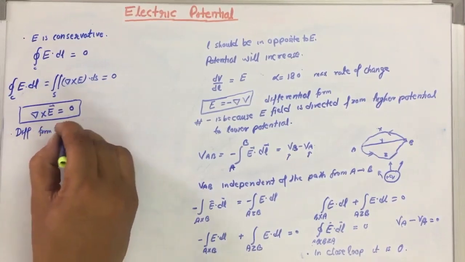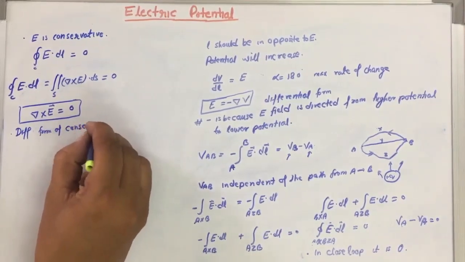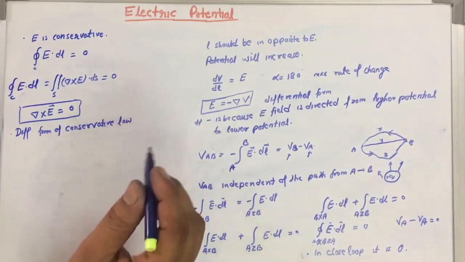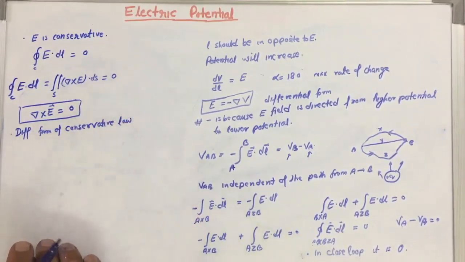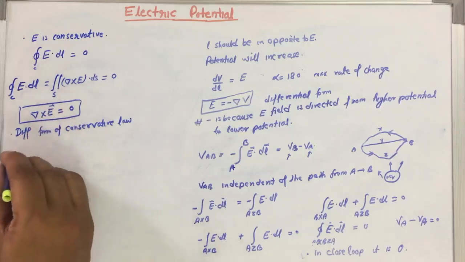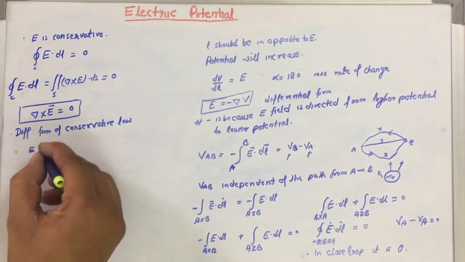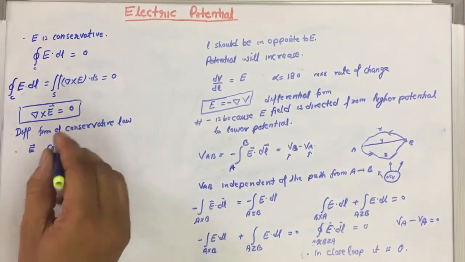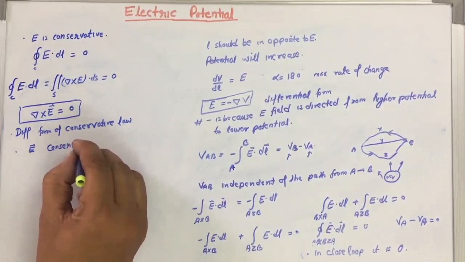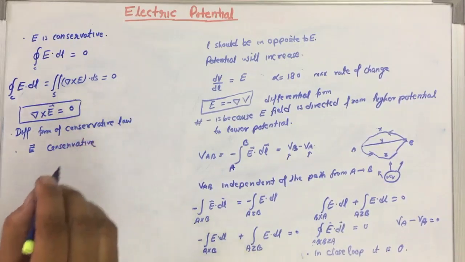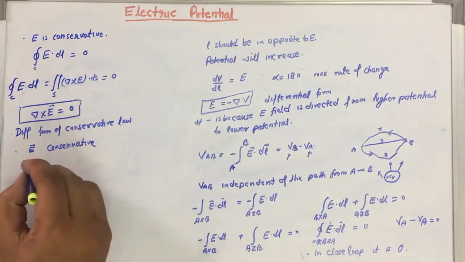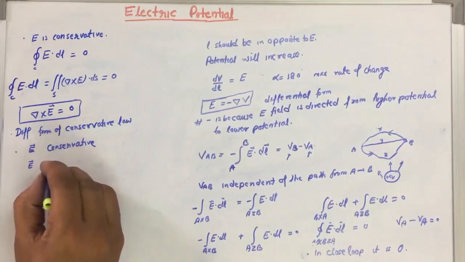So from here we can conclude E remains conserved, and second, as the curl is equal to 0, we can say the electric field is irrotational.